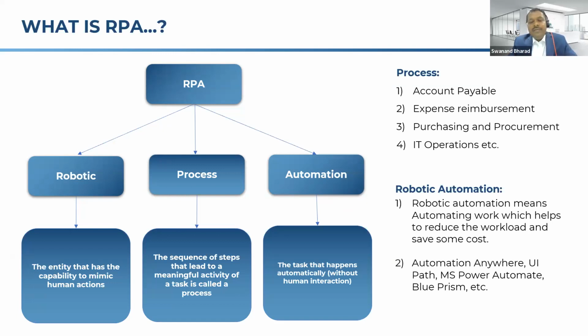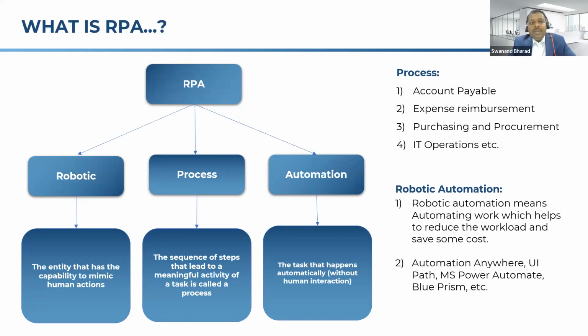The processes we do on a daily basis, like accounts payable, expense reimbursement, purchasing and procurement, IT operations. There are multiple processes in the commercial domain, HR domain. All those processes we can automate using robotic process automation. So robotic automation means automating work which helps to reduce the workload and save some cost.